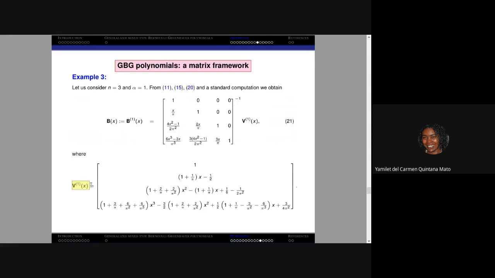In example 3, we consider n equal to 3, alpha equal to 1.